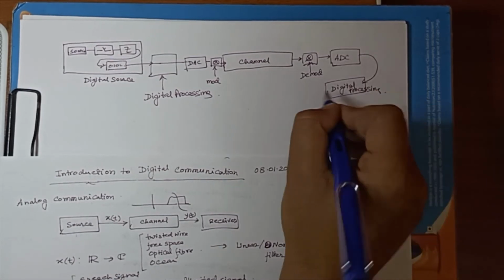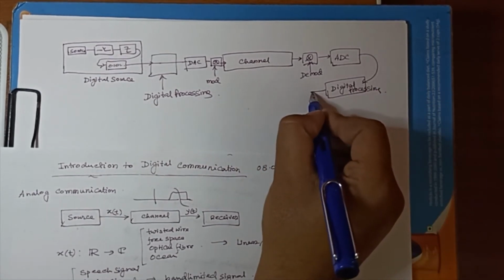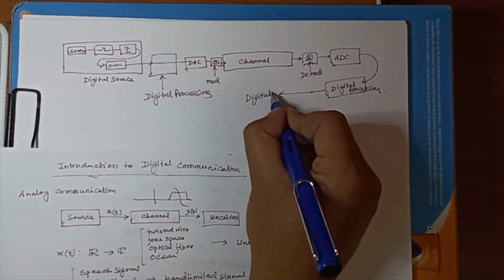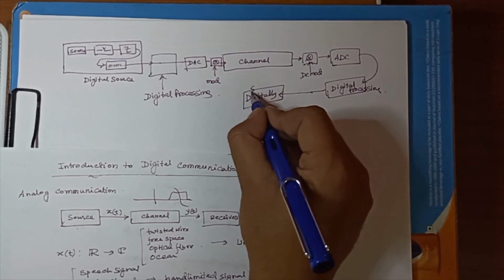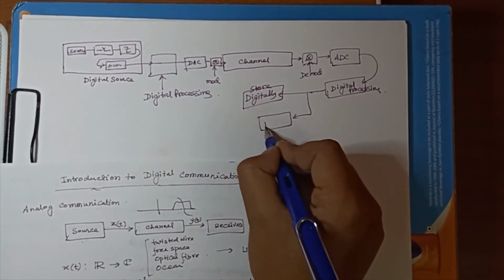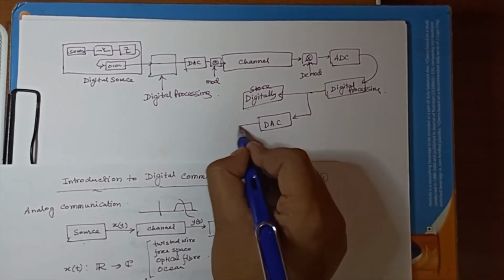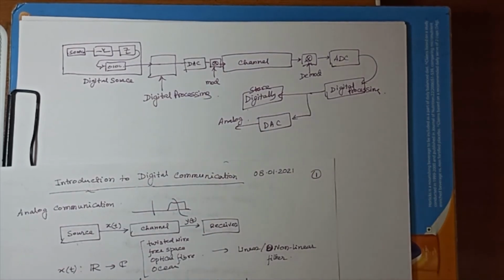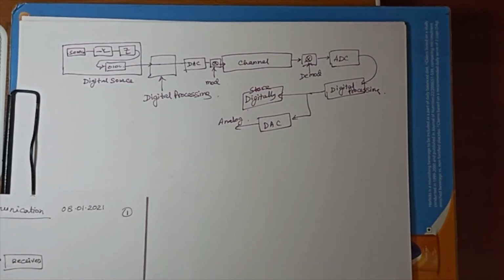Finally this signal can go directly to be stored digitally in a computer, or you can pass it through a digital to analog conversion and get some analog signal back, for example a telephone signal, audio signal or video signal, which you can perceive by your senses.